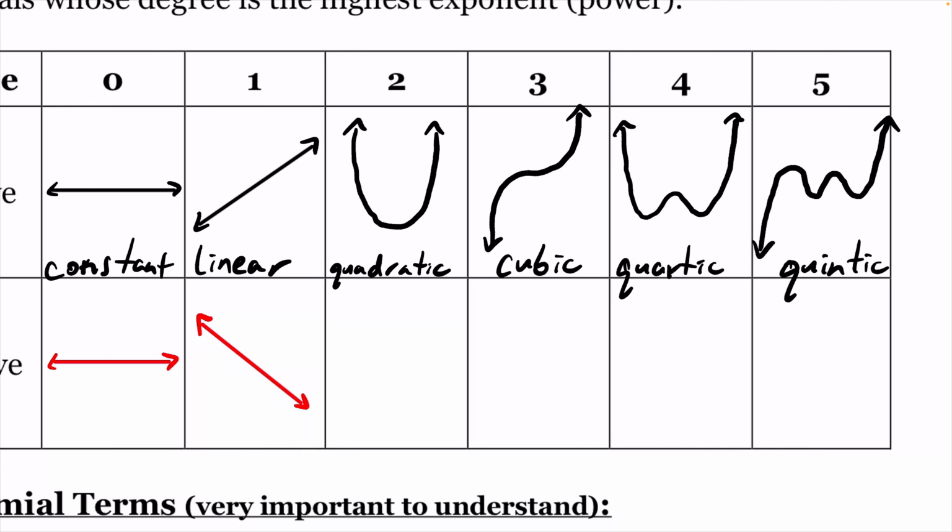This one, the red, is going from up to down, right? Okay. Quadratic, 2. Positive looks like a happy face, right? Negative looks like a sad face. All right. Cubic.